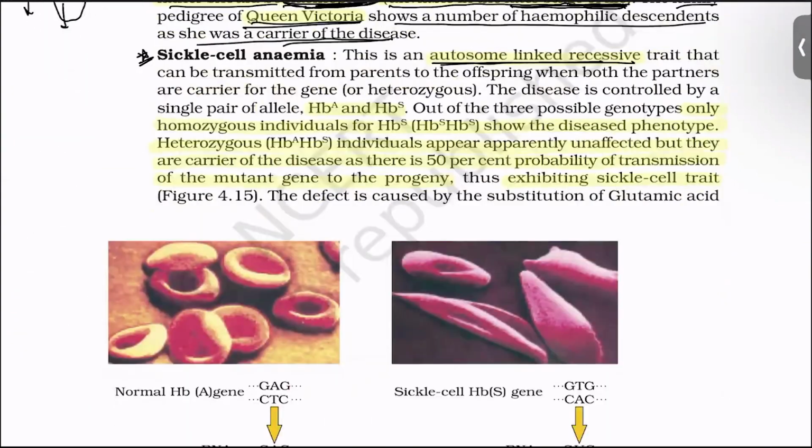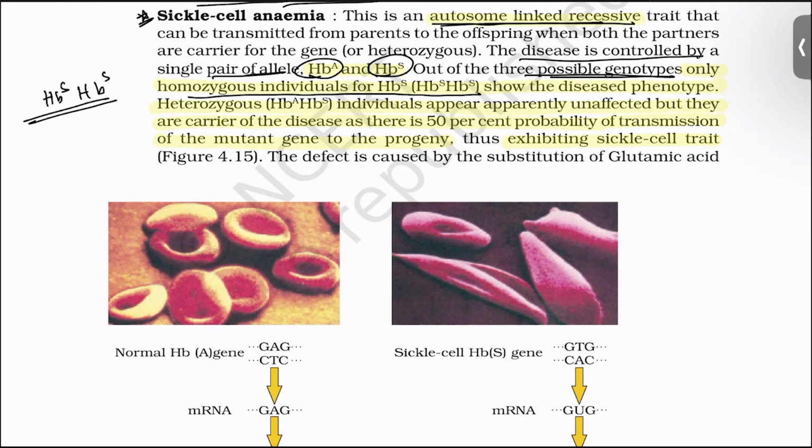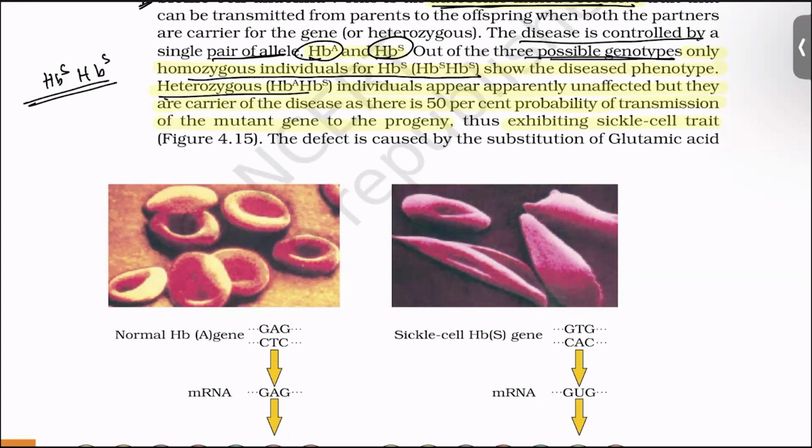So what happens here is this disease is controlled by a single pair of alleles, HbA and HbS. So out of the three possible genotypes, only homozygous individuals, meaning those containing HbS and HbS, will have the disease, and heterozygous individuals will appear apparently unaffected, but they are carriers of the disease.